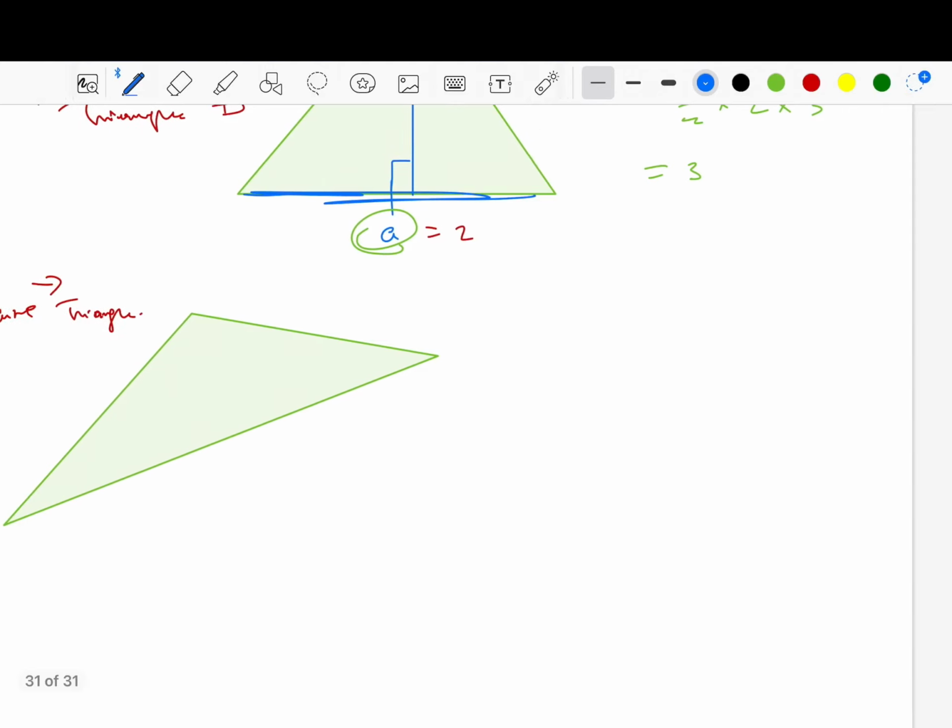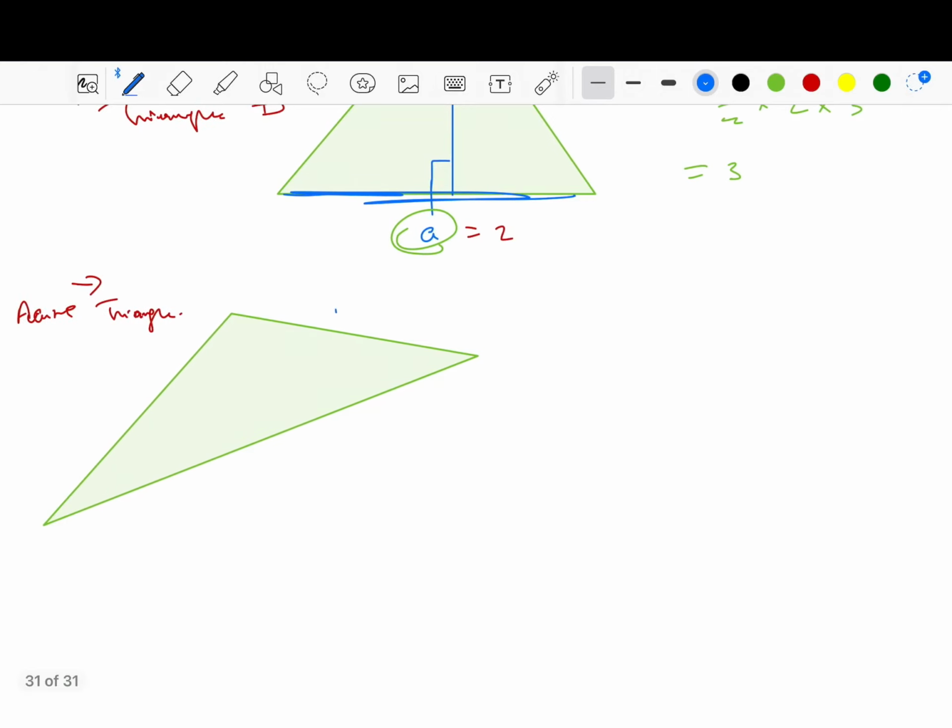And in this case, let's say my base is this here. Let's call it 5 units, and my height is this here. And if you can prove that this height is perpendicular, clean, I'm happy with that.